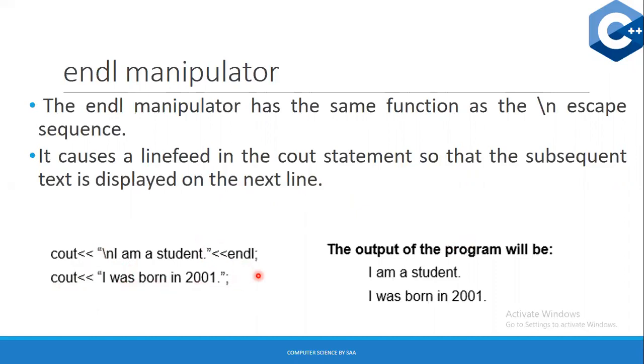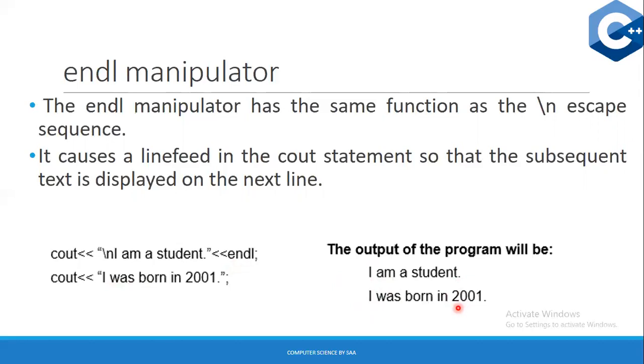When these two lines are executed, you can see there is no backslash n character after its end, but we have simply written endl. Due to this endl, this line will appear in the next line. The output will be like this: I am a student, full stop. The next message appears in a new line, that is, I was born in 2001.